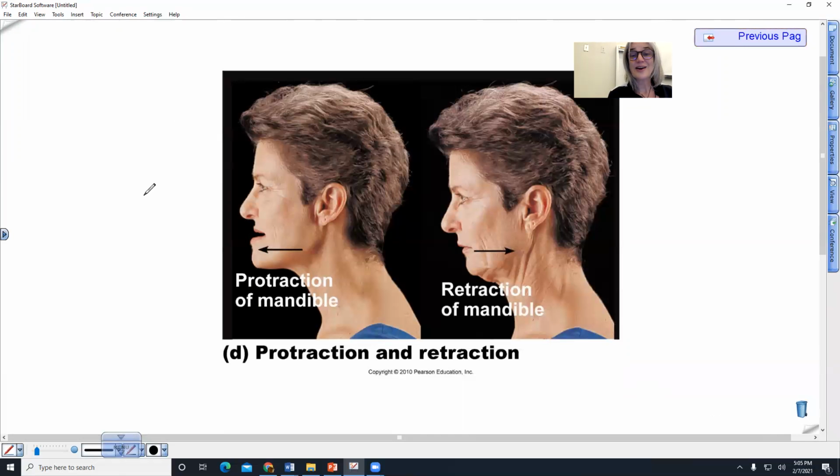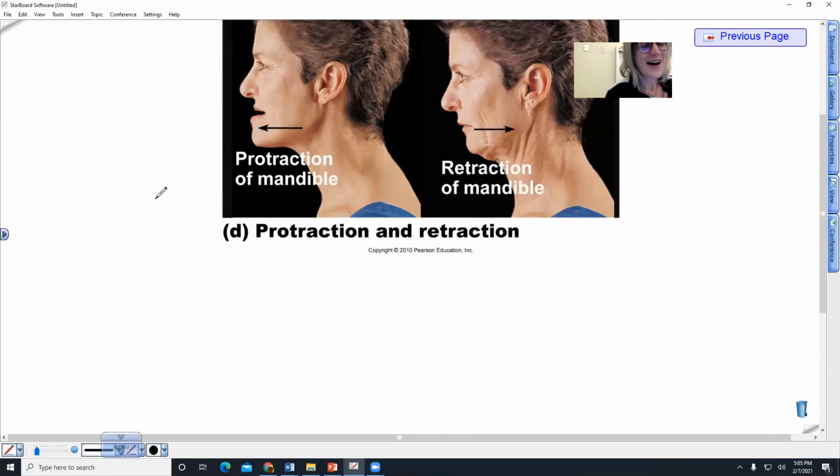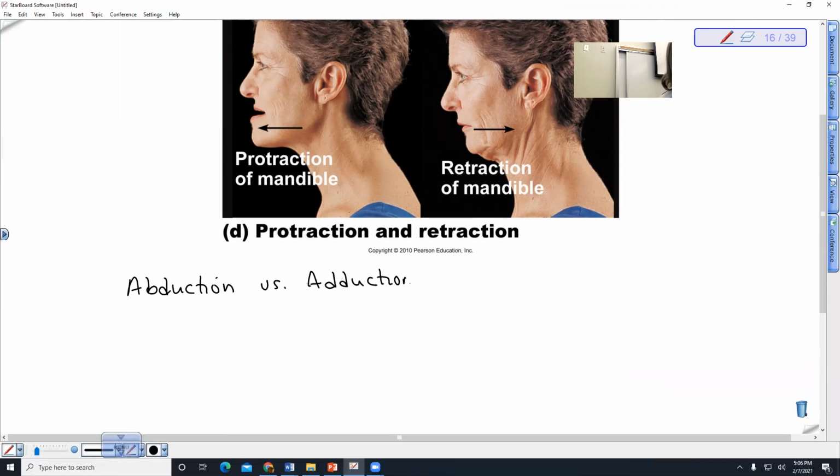Other terms that are not shown on here that I want to talk about are abduction versus adduction. Okay, so to abduct is to take away, right? Like if I'm going to abduct somebody, I wouldn't do that, but I would kidnap them, right?